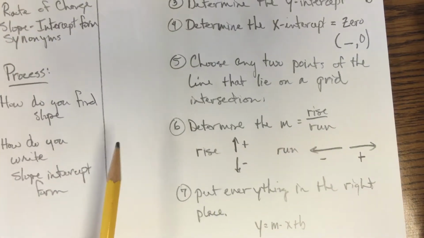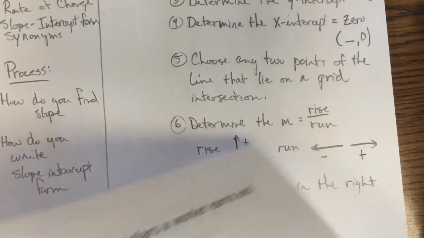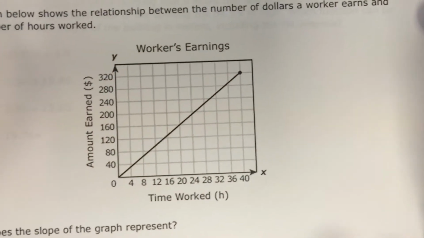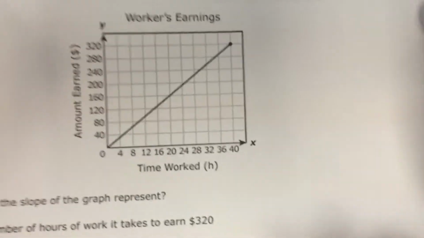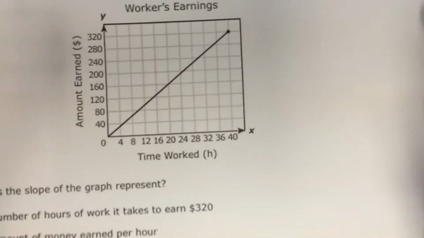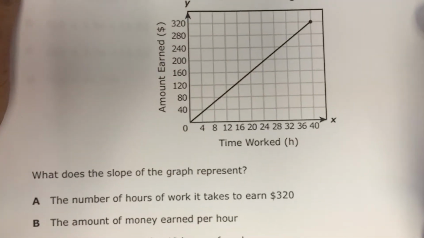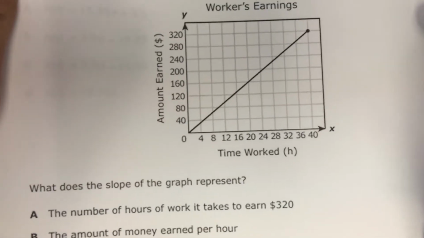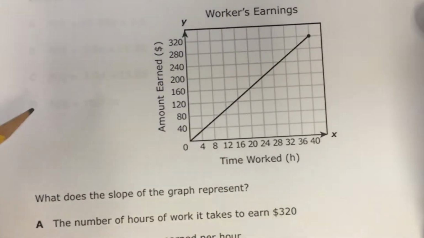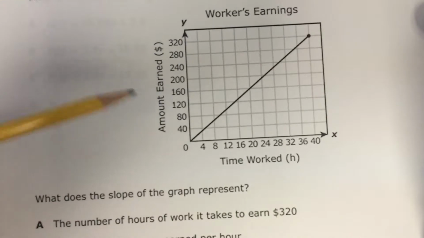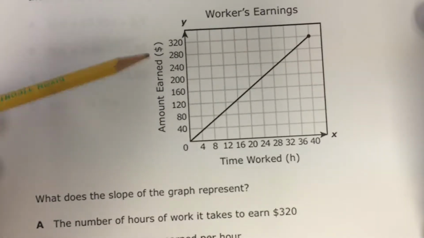Let's look at one more example real quick of this process. So if we look at this problem, the actual problem states, what does the slope of the graph represent? In order for us to understand this graph, we need to be able to interpret it and figure out the slope, and sometimes it's also helpful to be able to write the equation for it. So let's actually write the equation for this line.